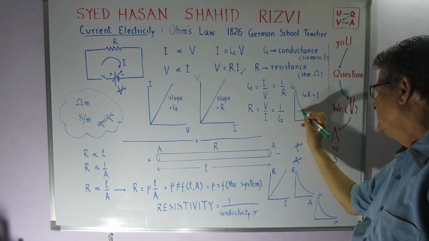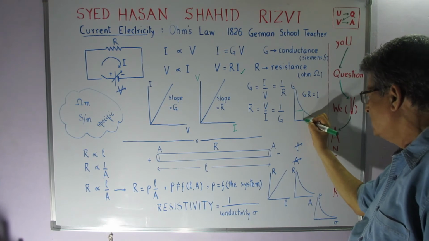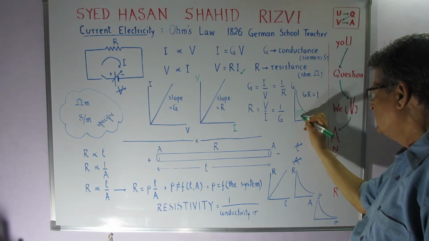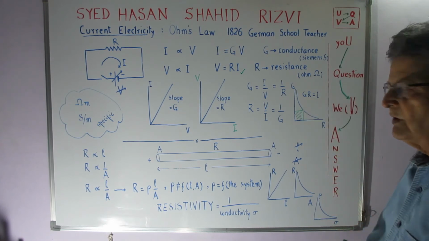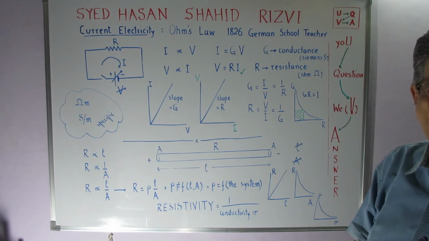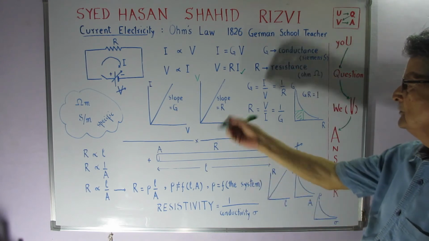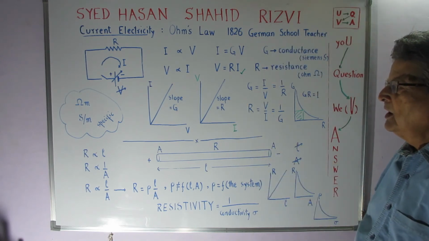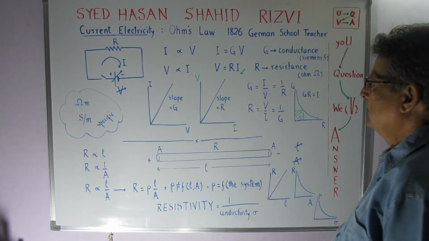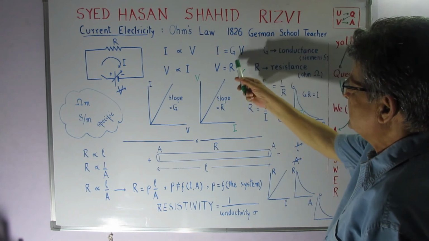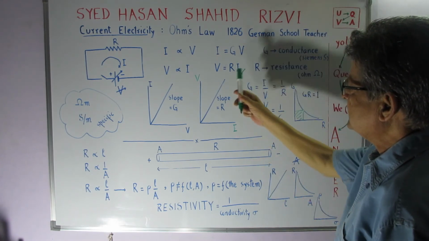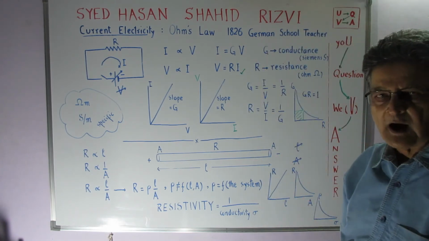That means the area formed will be constant for all sets of values G1 R1, G2 R2, G3 R3, etc. So this finishes off the presentation and the understanding of Ohm's law.